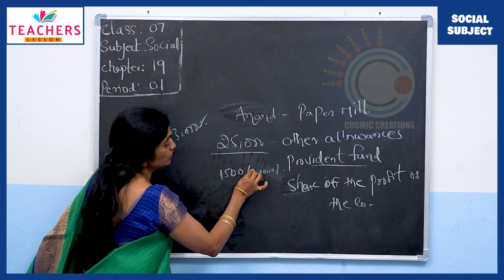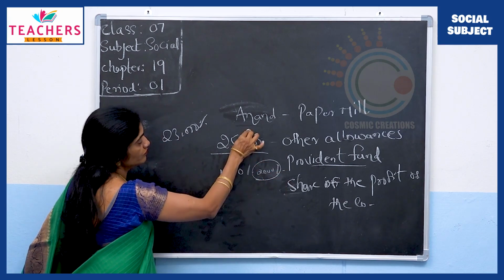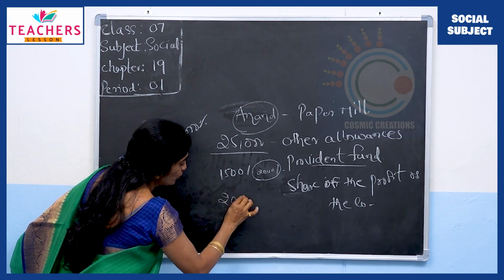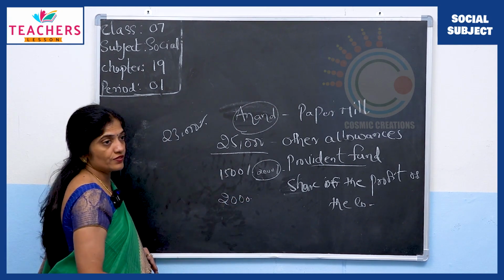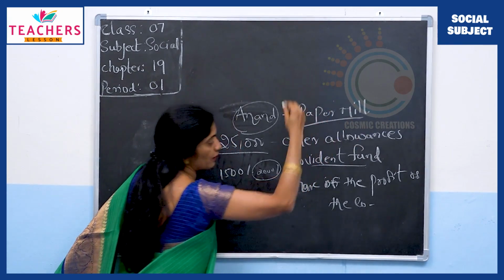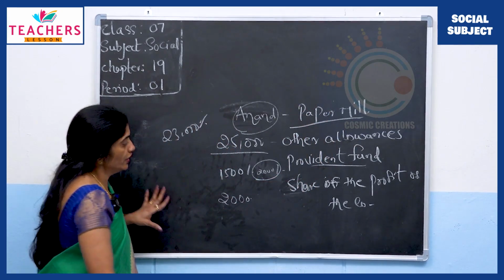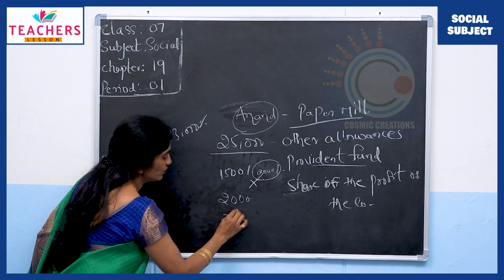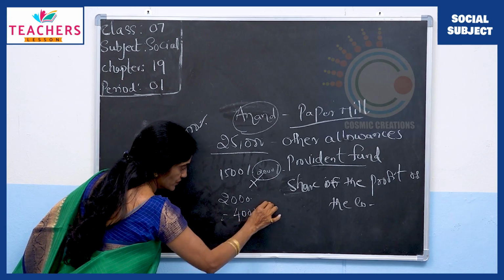When 2,000 is deducted from the worker's salary, another 2,000 rupees should be added by the paper mill company. Total how much amount? This 2,000 plus this 2,000, how much? 4,000 rupees.